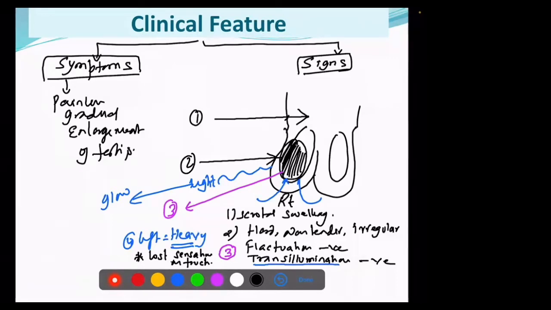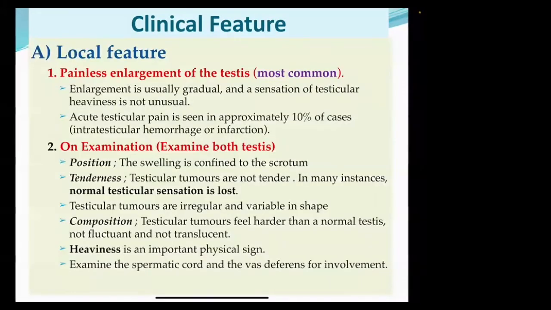If you lift it, it is heavy, and sometimes the patient may say, I've lost testicular sensation, touch sensation. The fluctuation and transillumination tests are negative because this is not a fluid-containing swelling, rather it is a solid swelling. So these findings are suggestive of testicular tumor. Everything I have explained is exactly written over here, so you can go through this slide.